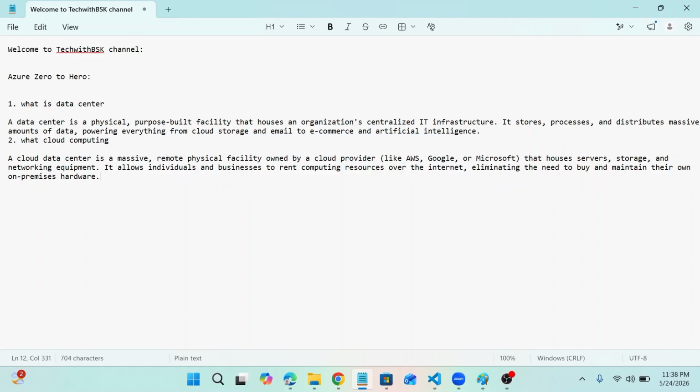In the market, the major cloud providers are AWS, Google, and Microsoft.